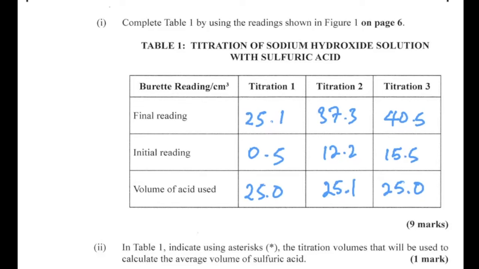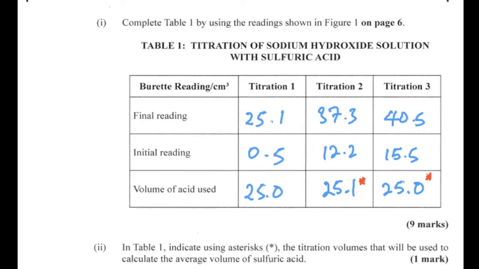Since the first one was considered the rough one, it doesn't necessarily mean we can't use it. But in this case, titrations 2 and 3 don't differ by more than 0.1, so we could just average those two. However, as I said earlier, if you decide to average 25 and 25, they will give you the mark at CXC.